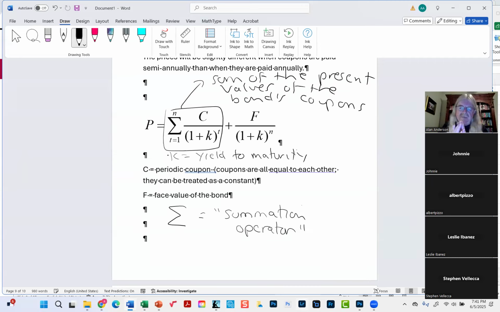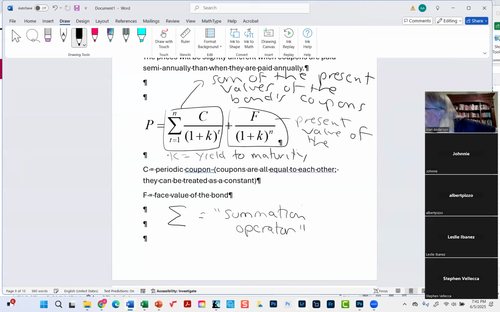This is a single payment. So this represents the present value of the face value, and the sum of those two terms is the bond's price.